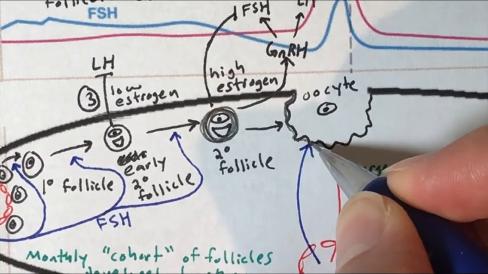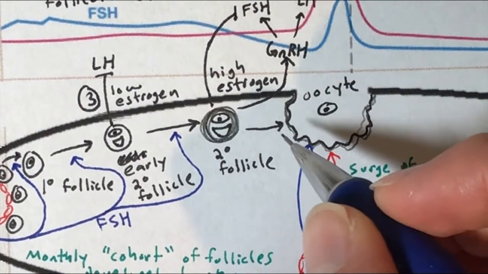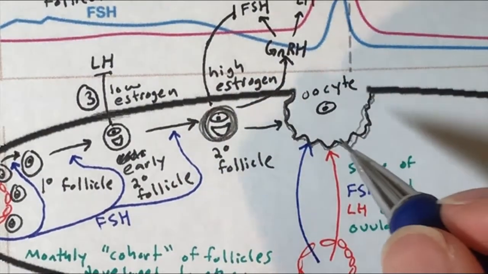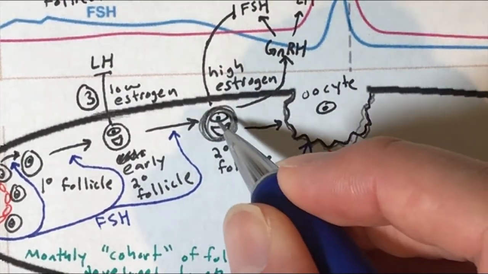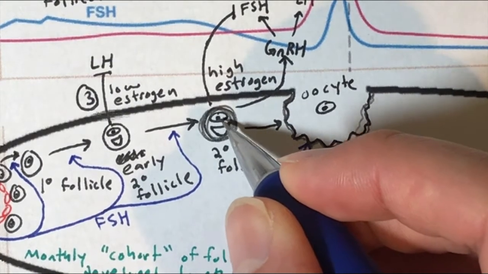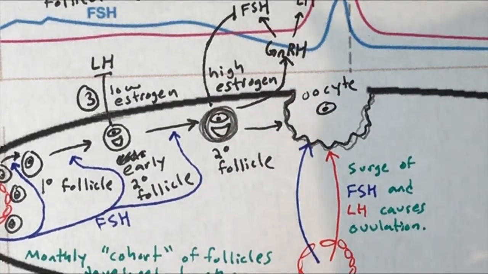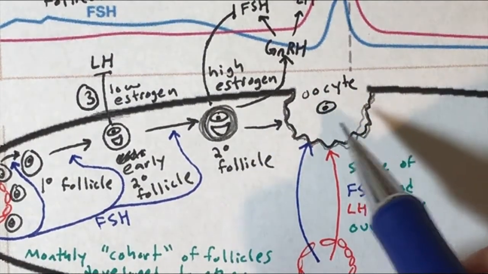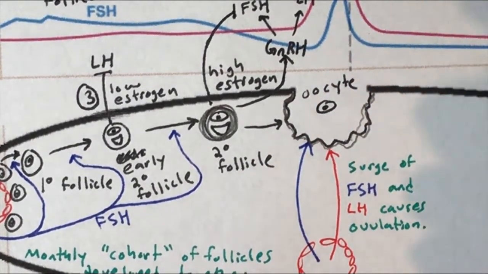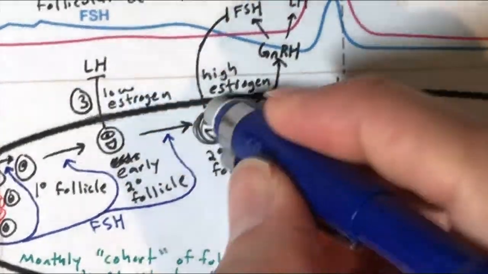It's the same structure as what I drew here. I know I drew it a little bit bigger, kind of on accident. But it's the same structure, and then the contents on the inside, this egg, this oocyte, gets popped out and is now exposed to the external environment outside of the ovary. Eventually, this will enter the fallopian tube, and if it gets fertilized in the fallopian tube, it could implant itself in the uterus.